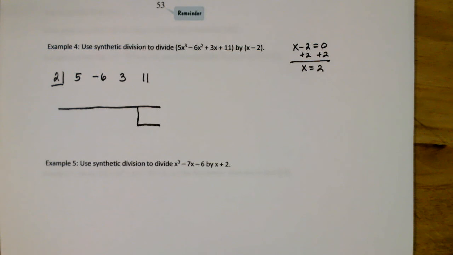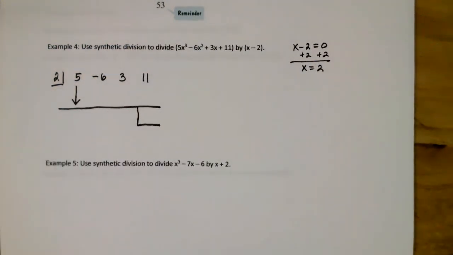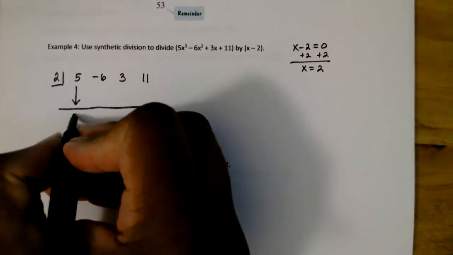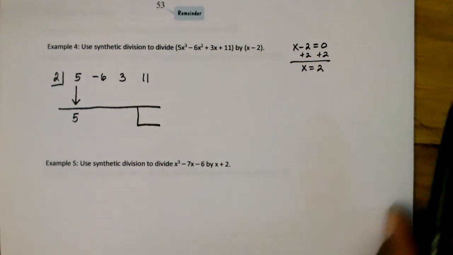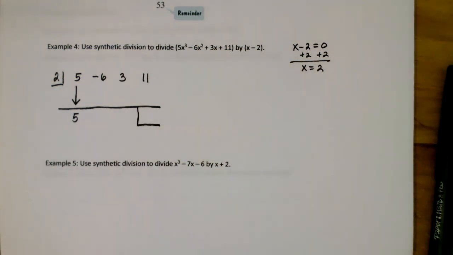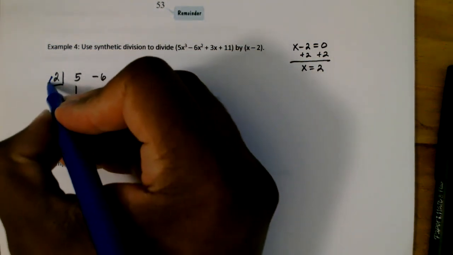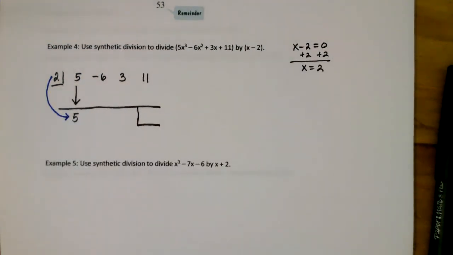So here is how I do the synthetic division. We bring down the first term, or the leading coefficient, in the bottom row, which is 5. So I bring that down first. And then I'm going to multiply, in this case, the divisor of 2 by that number in the bottom row.